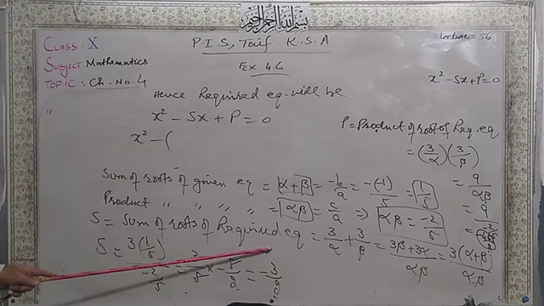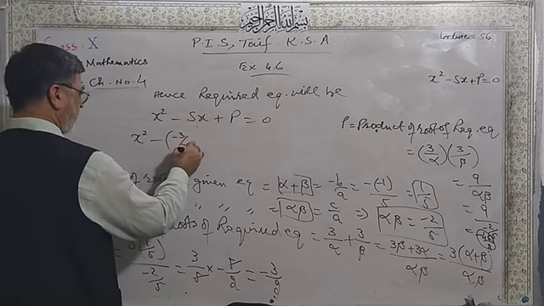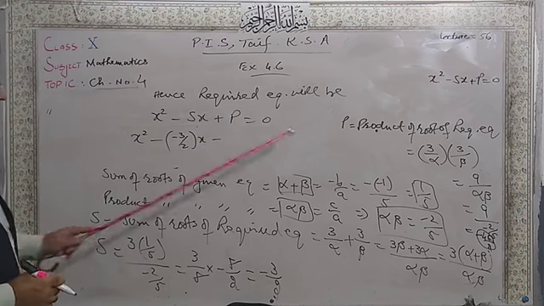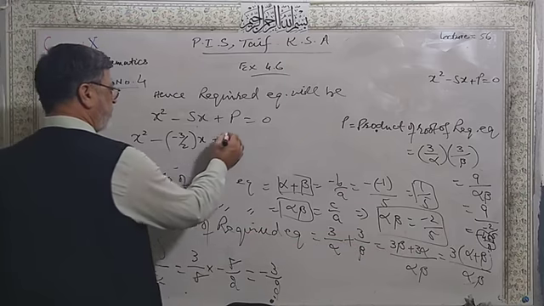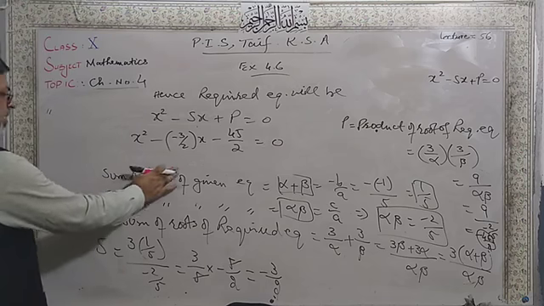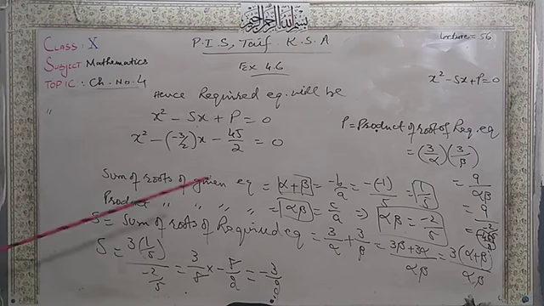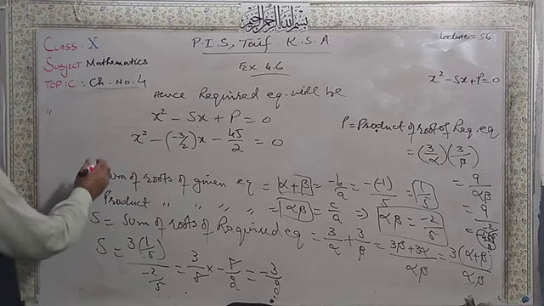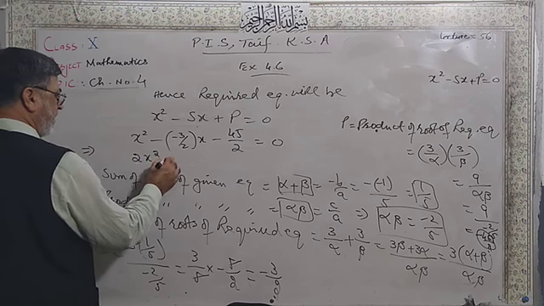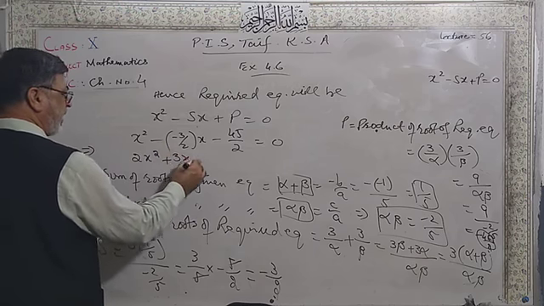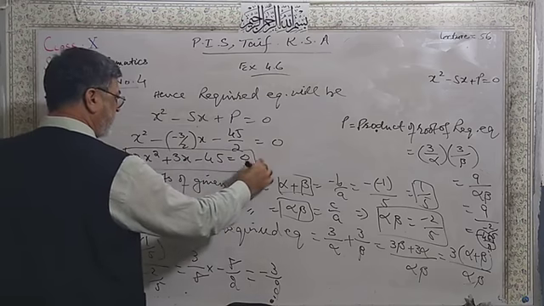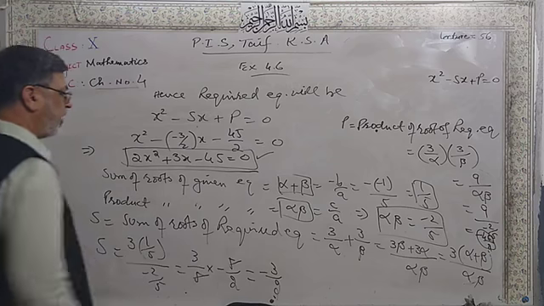S is minus 3 over 2, into x, and P is minus 45 over 2. Dear students, multiplying throughout by LCM. What is LCM? 2 is LCM. So multiplying throughout by LCM, that is 2, we get 2x square plus 3x minus 45 is equal to 0. This is your required equation.